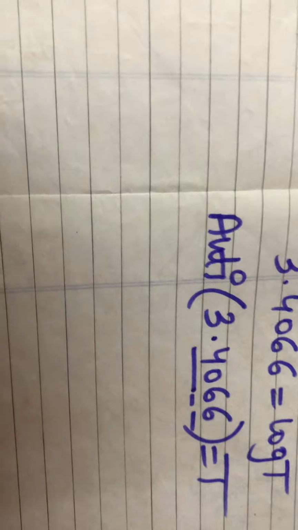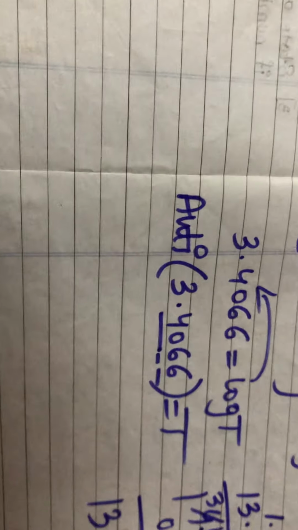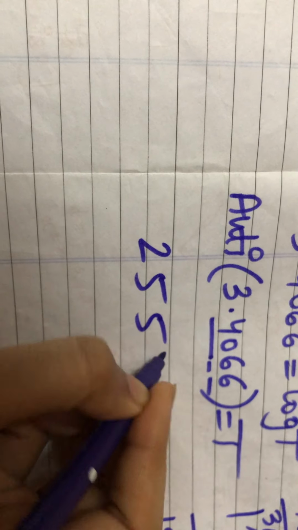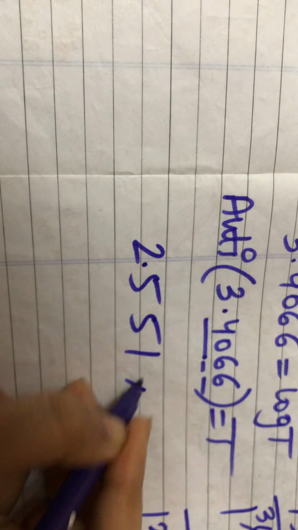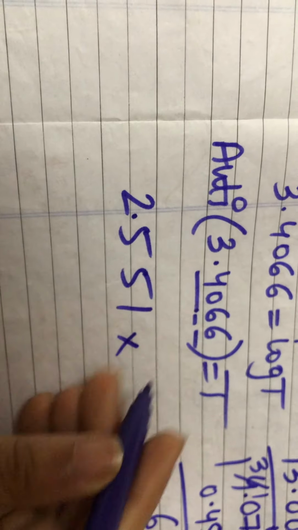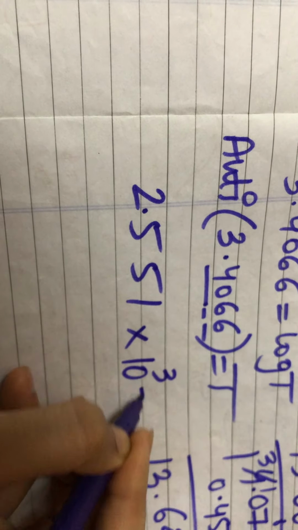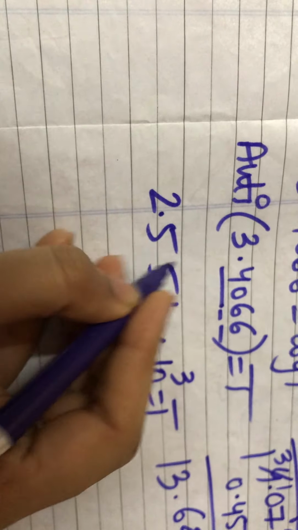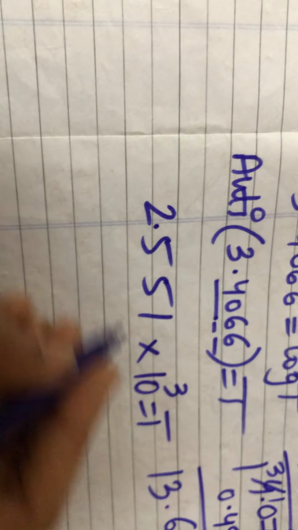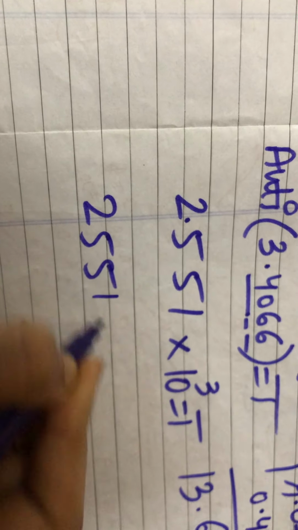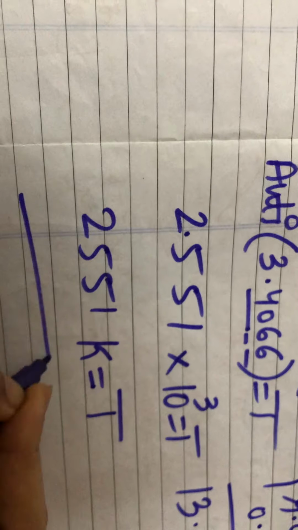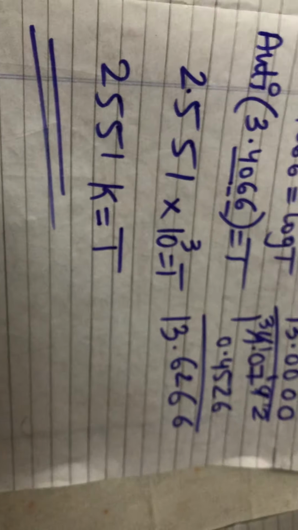So it is 2551. The point is always after one digit, and since the power is 3, 10 raised to 3 is equal to T. You'll shift the decimal point by 3 digits, since it is 10 raised to 3, so it becomes 2551 Kelvin, the temperature. Here it is obtained.